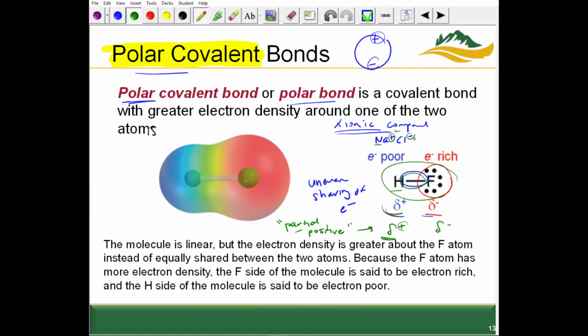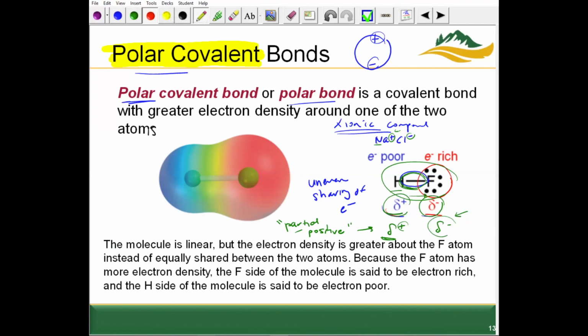It's not a full-on anion. It's still sharing electrons. It hasn't gained any electrons. So it's still sharing electrons, but it's sort of hogging more of that electron density towards itself, so that this region here is partially negatively charged. This region here near hydrogen is partially positively charged.